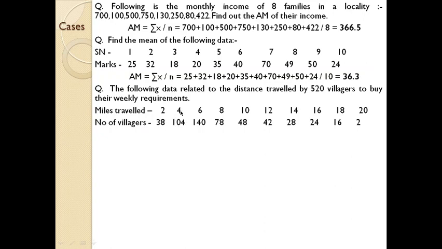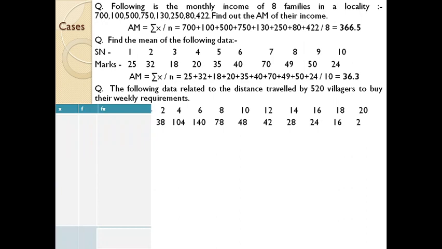That event means 4 miles was traveled by 104 persons. That is the concept. So it is not an individual series, it is a discrete series, and we can represent these two values in a table like this.